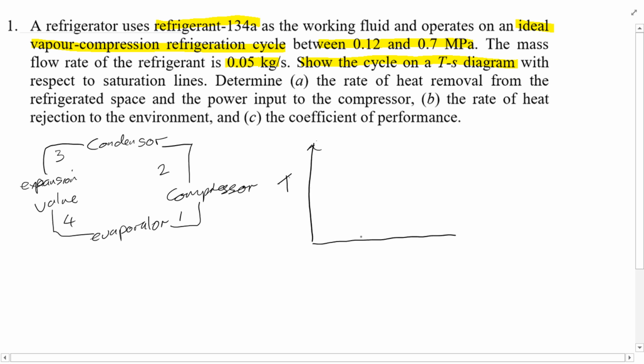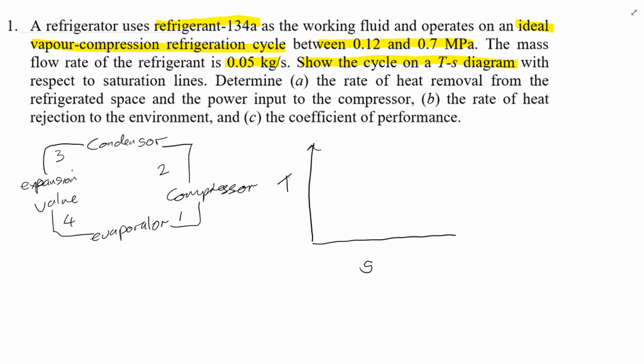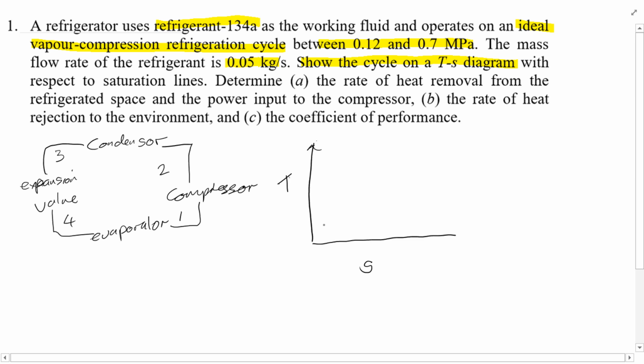So this is your TS diagram, and you're going to have a saturation line like this. Point 1 to 2, the compressor. This is isentropic because entropy is constant.